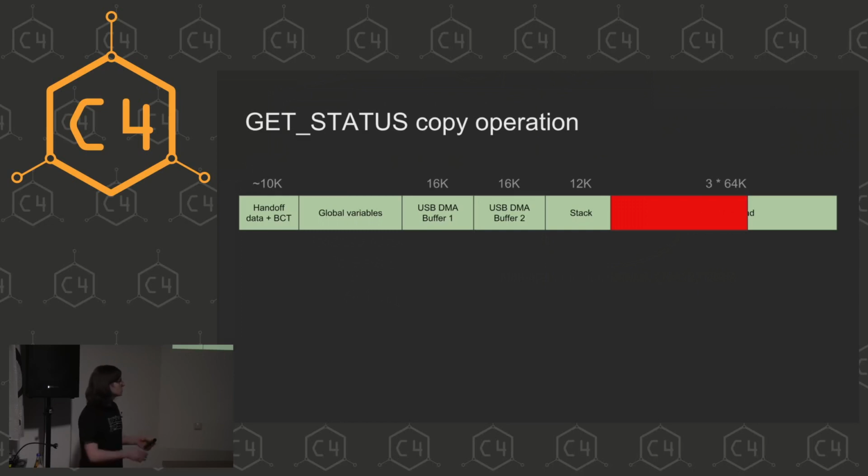So you could, for example, just copy this here over to here and overwrite the first buffer, the second buffer, and then the stack. But it is not necessary. You can do both, but what you do is, because these things are used in sequence, on the first transfer, this buffer is used. On the second USB transfer, this buffer is used.